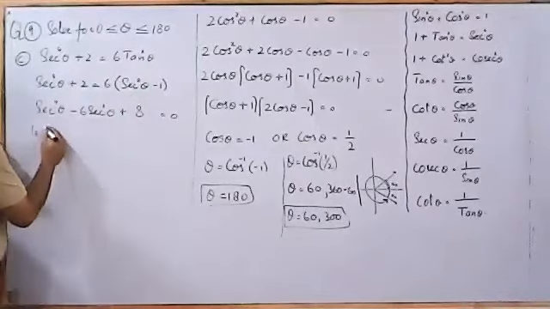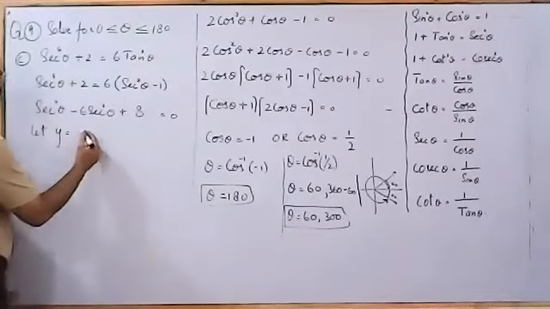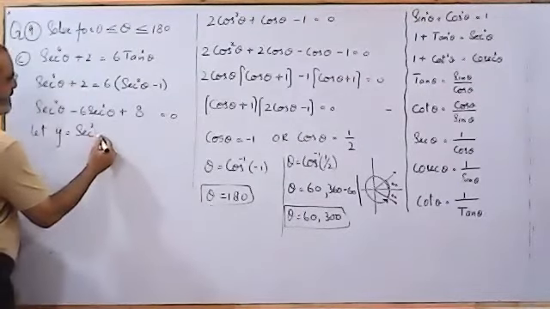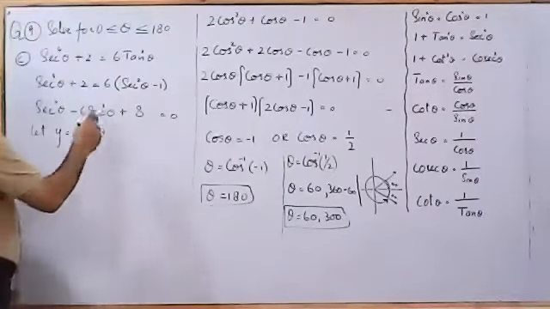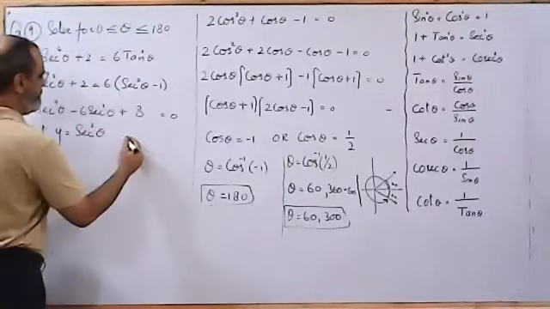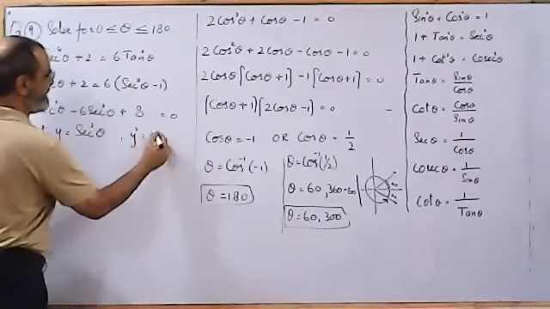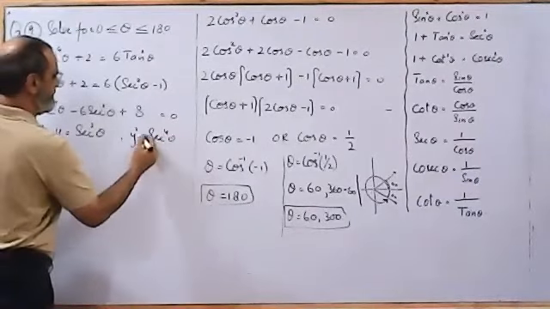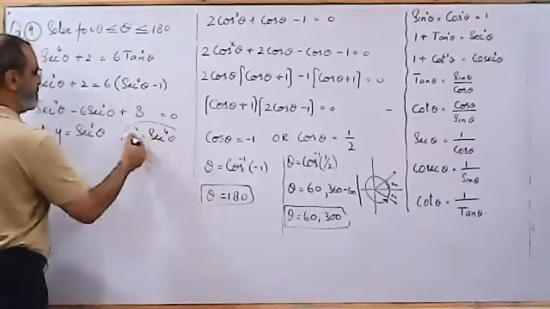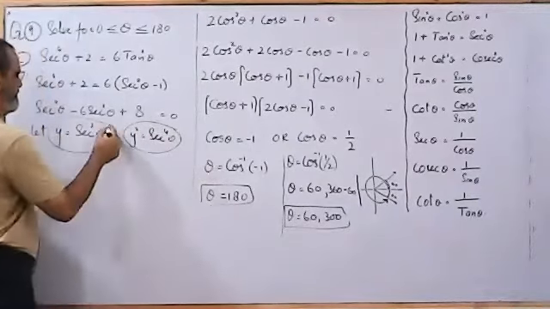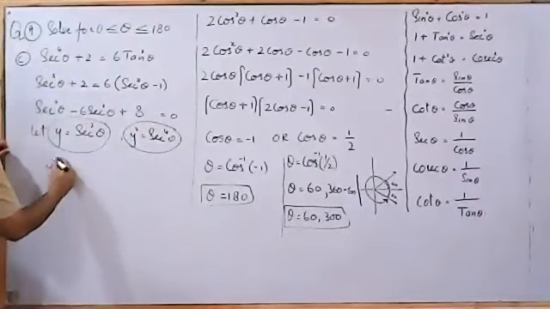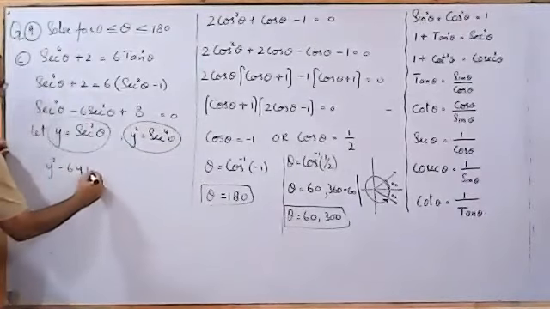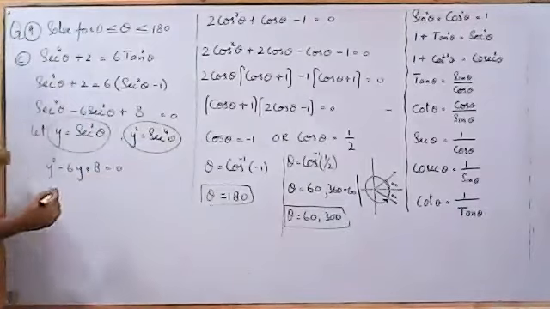Let y is equal to secant square theta. So I'm supposing this secant square is equal to y. If I take the square of y, it will be secant 4 theta. So using this supposition, I get y square minus 6y plus 8 is equal to 0.